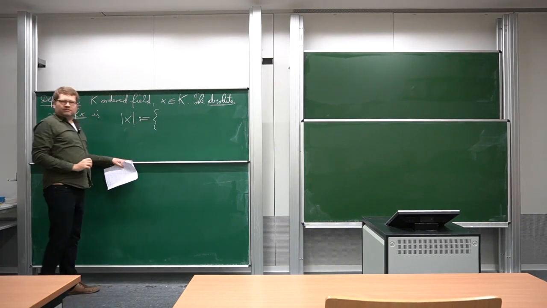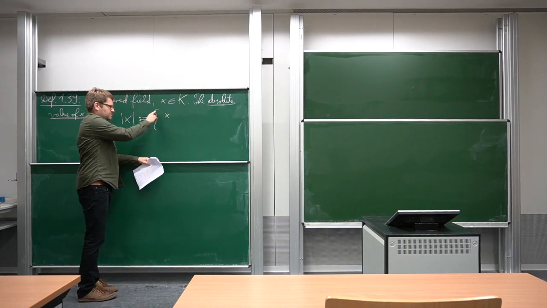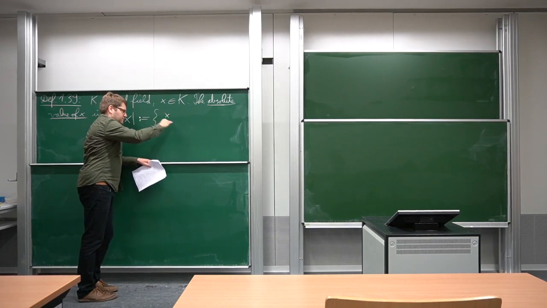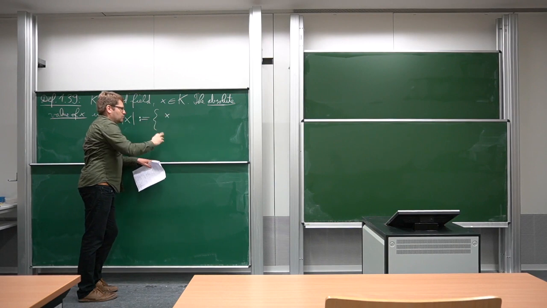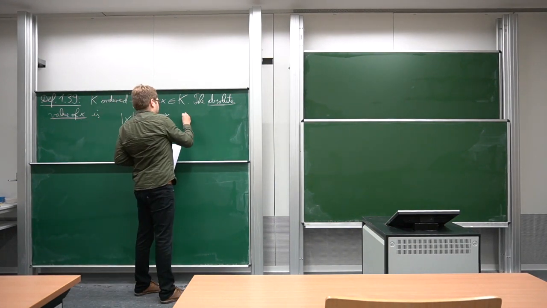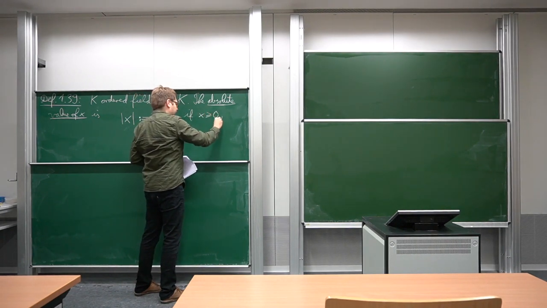If the number is non-negative, we just leave it as it is. So it's just x, and I'm using this big brace here to use a case-wise definition. I haven't used this before, but I think you should be familiar with that. This is what, if we define this in several different cases, we list the cases one by one and put a big opening brace in front of it. Okay, we leave it as x if x is non-negative.